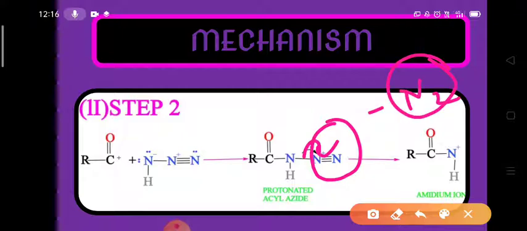As a result, the plus charge appears on the first nitrogen that is attached to the acyl carbon, and the newly generated intermediate is known as the amidium ion. So in the first step, we get the acyl carbonium ion, whereas in the second step, we get the amidium ion.